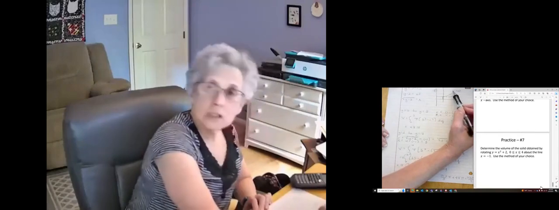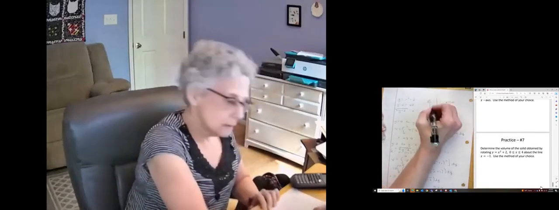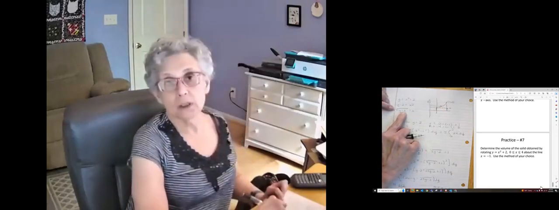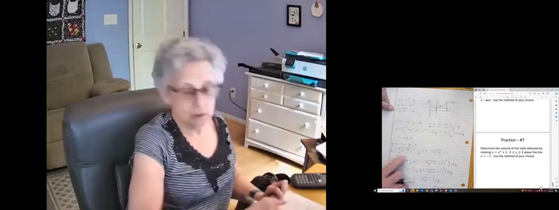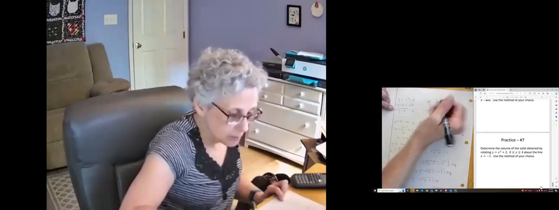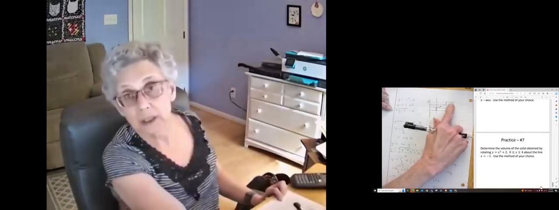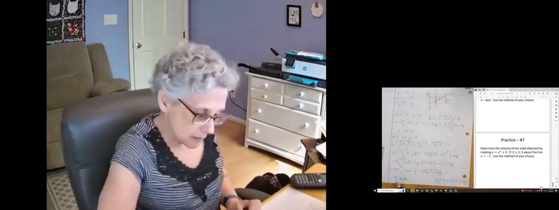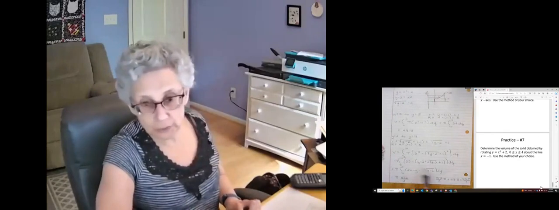But then from y equals 2 to y equals 18, the inside radius is the function, which is square root of y minus 2 minus -1, so plus 1. And then my outside radius is again 5, because all the way from 4 to -1. So I end up with 512 over 3 times pi.